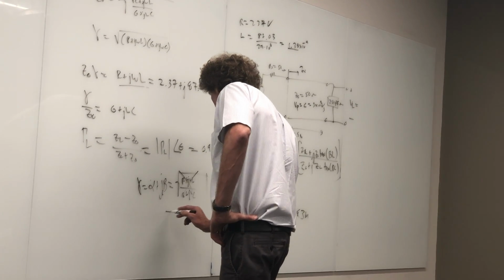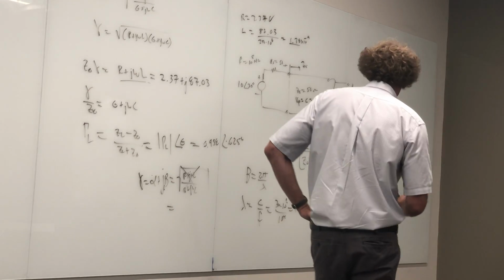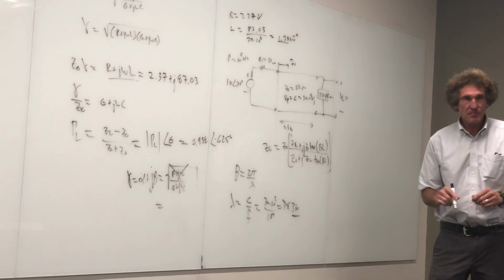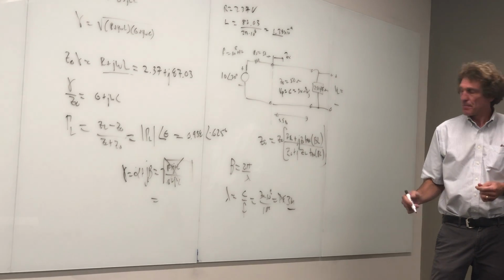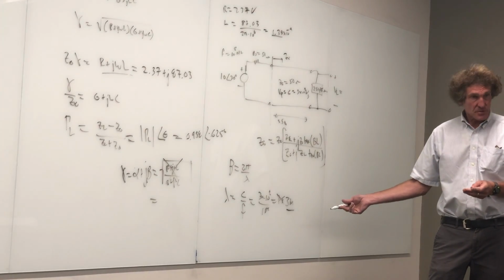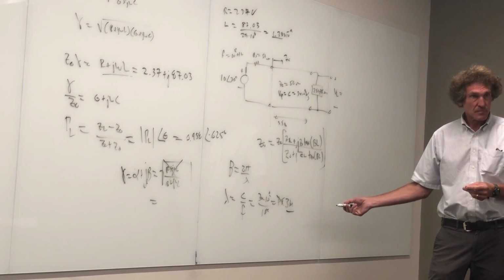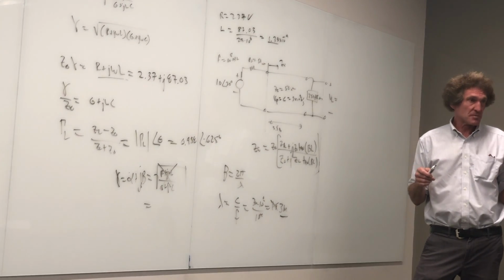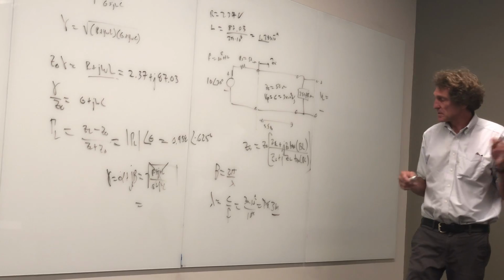I'm gonna just stop there. I want to get on with this problem. It's 3 meters, do you agree with me? Beta has several forms, we went through that. The reason we can do that is because the phase velocity is the speed of light, and it's lossless.